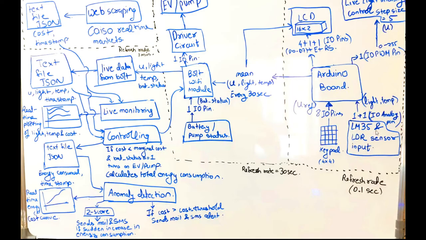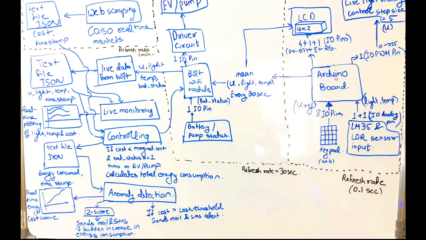It also captures the temperature using the LM35 sensor, so two analog pins are used. Then it shows the U reference value on the LCD display. So 4 plus 1 plus 1, that is 6 digital pins I have used for the LCD display.